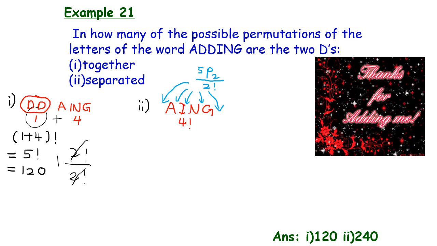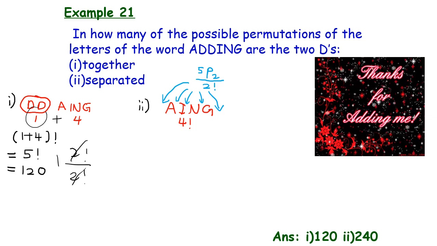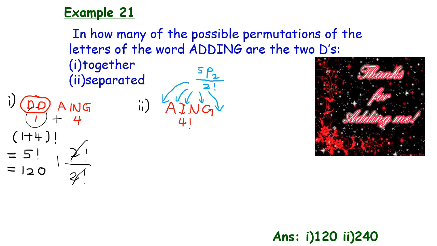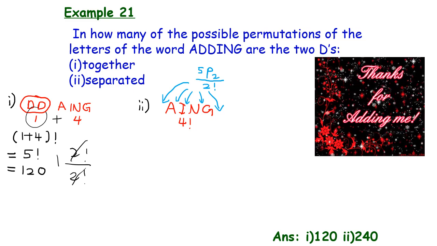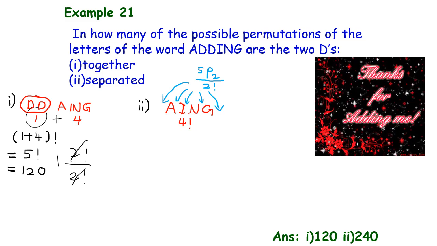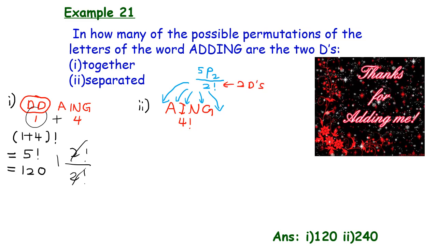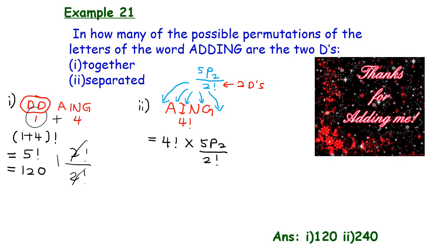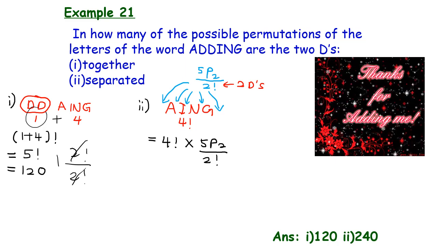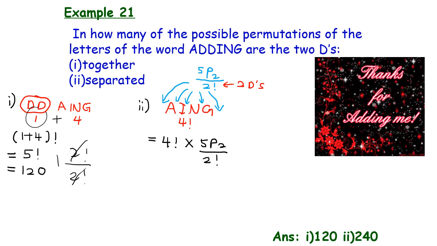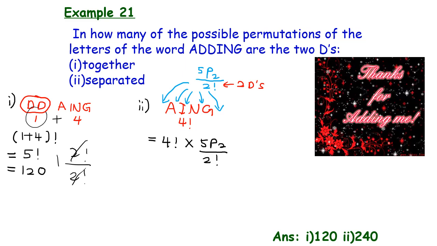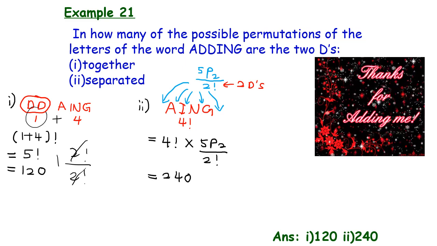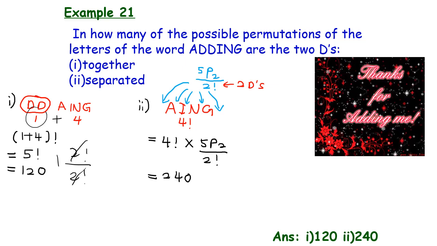In between the 4 letters we have 3 gaps, and at both ends we have 2, so in total we have 5 places where we can slot in the 2 D's. However, the 2 D's are the same letter, so we have to divide by 2 factorial. So the solution is 4 factorial for the other letters, times the ways to insert the D's, divided because we have similar D's. The number of arrangements here will be 240.